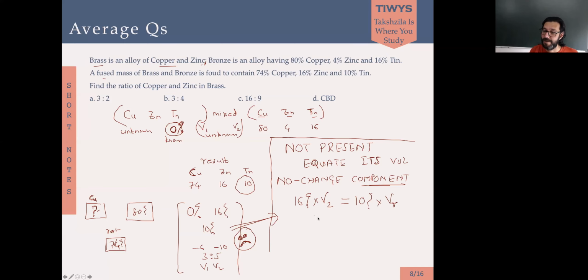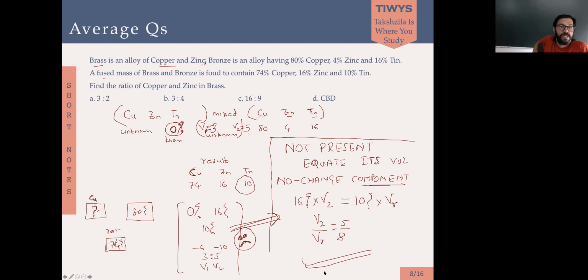So what happens from here? I straight get V2 by resultant volume, percent cancels out, 5/8. So remember, V2 is 5. And V1 is 3. V1 is 3, students. Hope you got this. Now, again, as I told you, it's a question of just 5-10 seconds. But I think conceptually this is a better way.